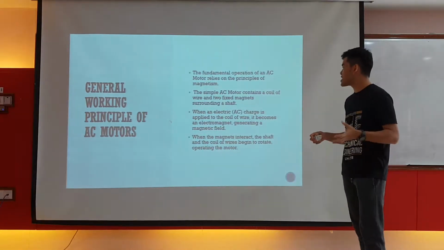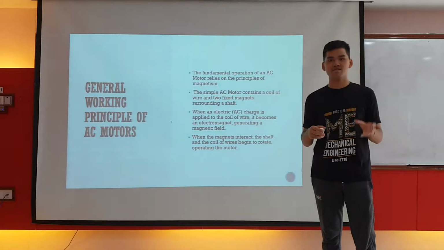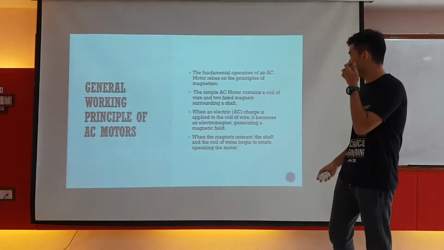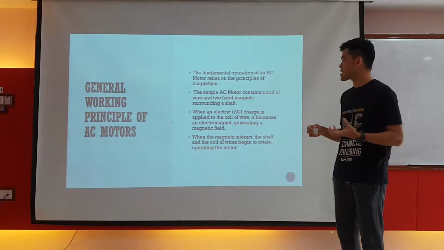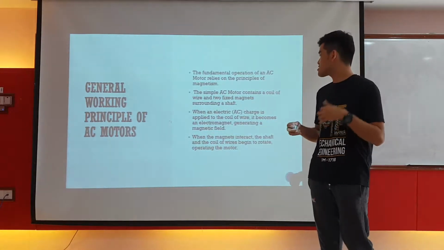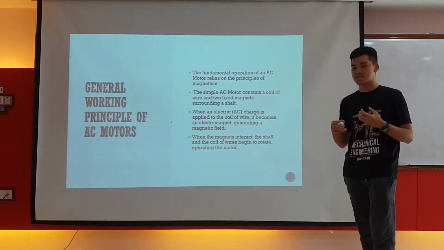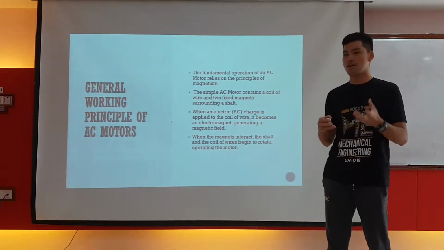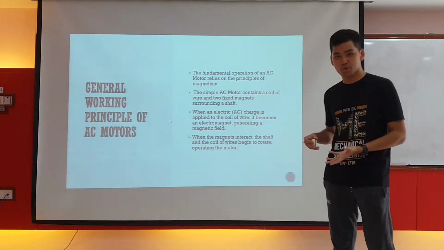This simple AC motor contains a coil of wire and two fixed magnets surrounding a shaft. When the AC electric charge is applied to the coil of wire, it becomes an electromagnet, which will generate a magnetic field. When these magnetic fields interact, the shaft and the coil of wire begin to rotate, eventually operating the motor.